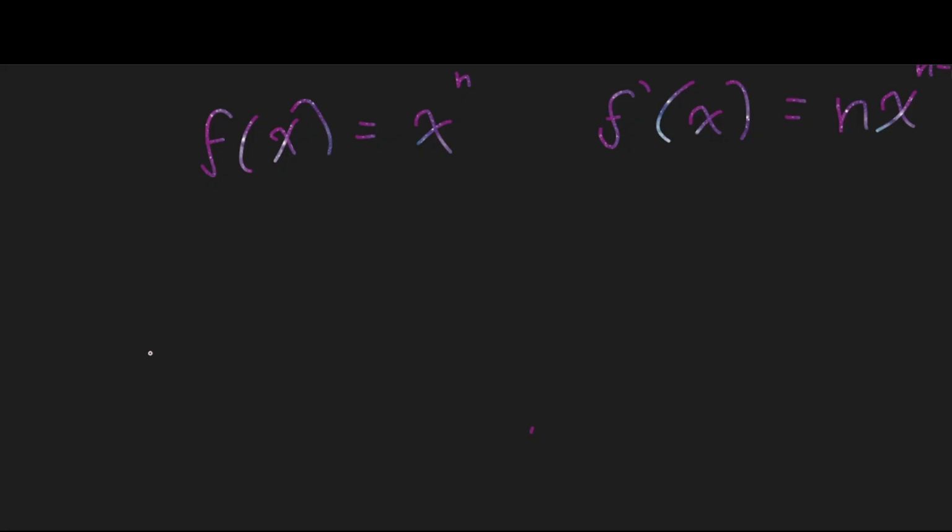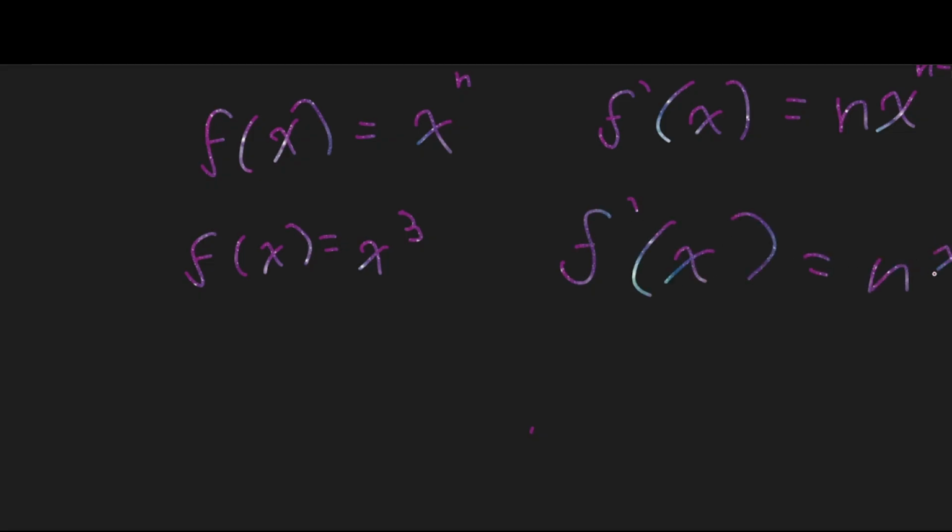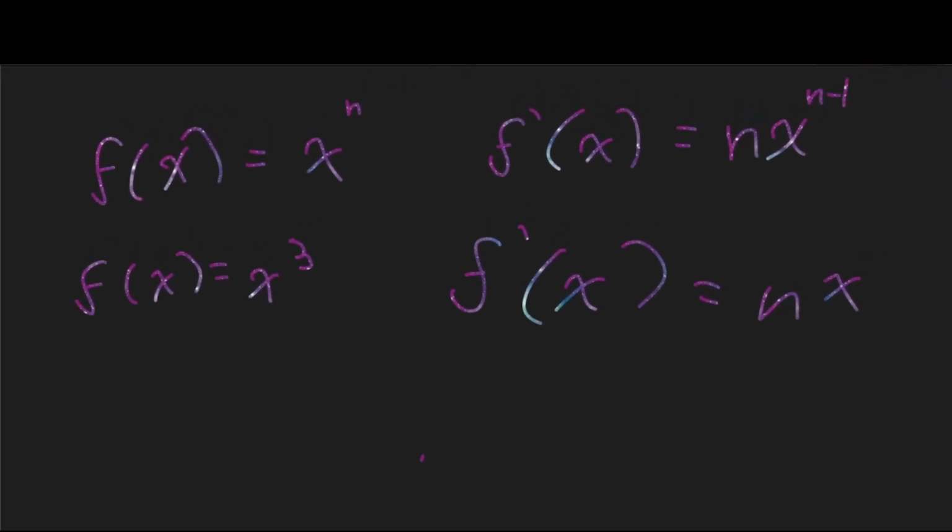So let's say you have f of x is equal to x cubed now. And we just discussed that the formula is that f prime x is equal to nx to the power of n minus 1.